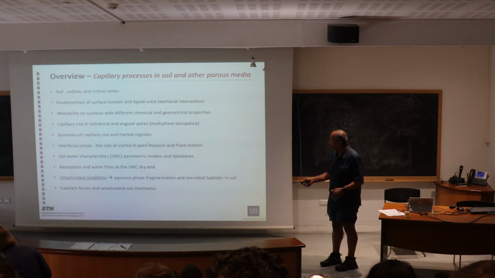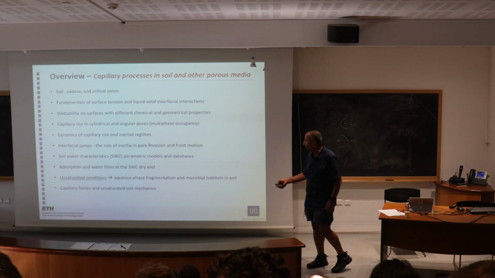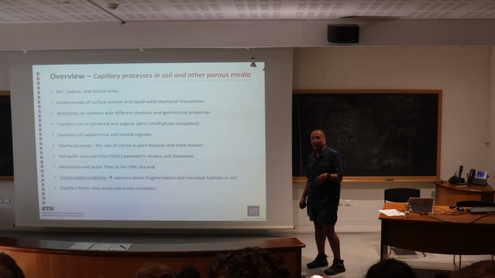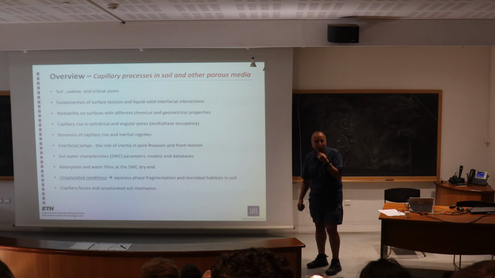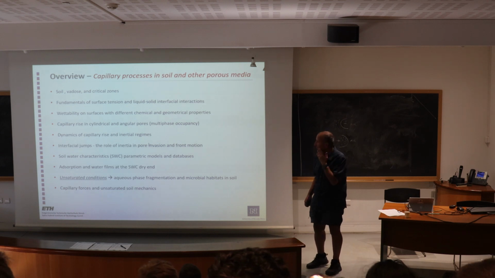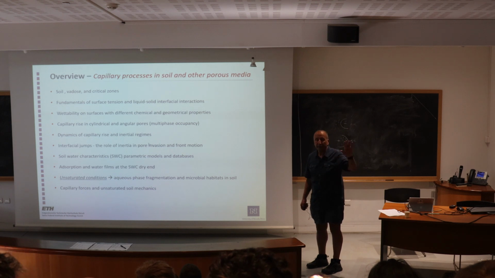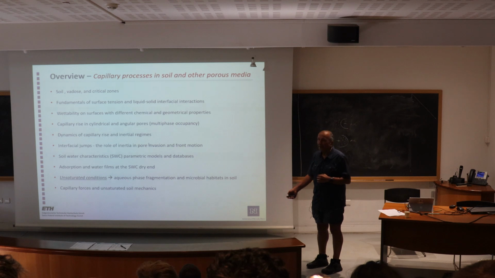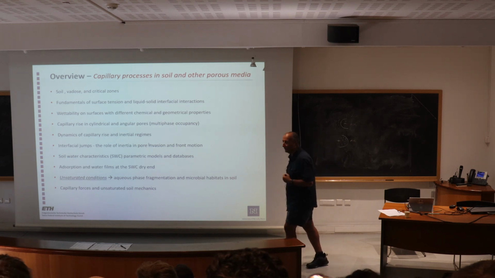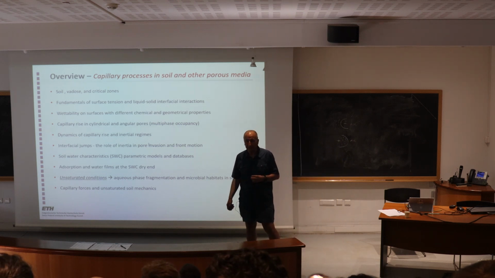We'll talk about the soil water characteristic curve, a very important function, and the parametric models that we use to characterize soils with different soil water characteristics. You know, we heard the Van Genuchten model, the Brooks and Corey model, and other models that we use in hydrology. A little bit about adsorption and water films at the dry end of the soil water characteristics, and if I have time, I'll talk about the aqueous habitats that microbial life experiences in soil and how it's related to capillary processes.